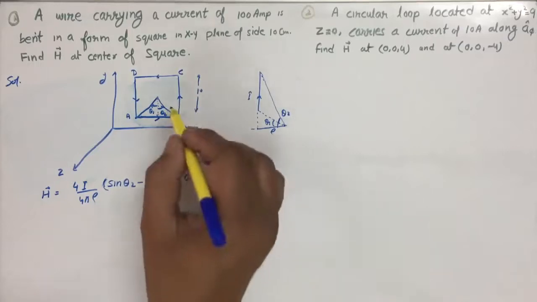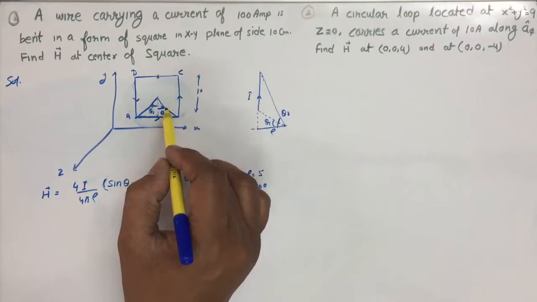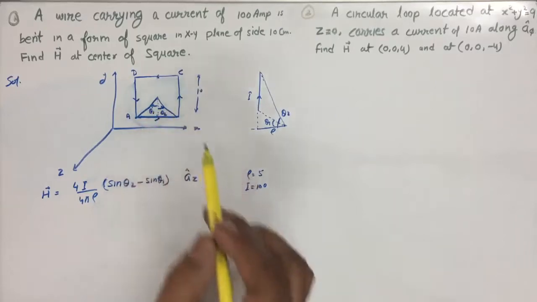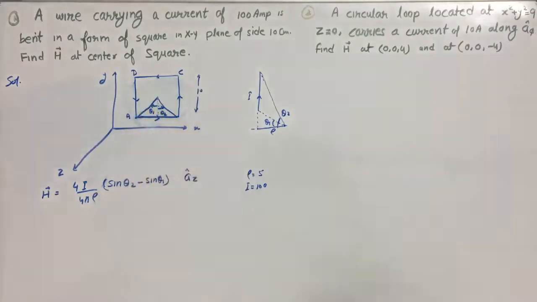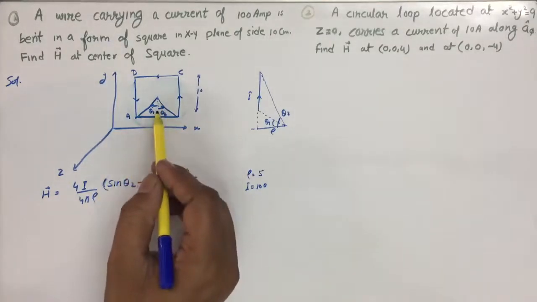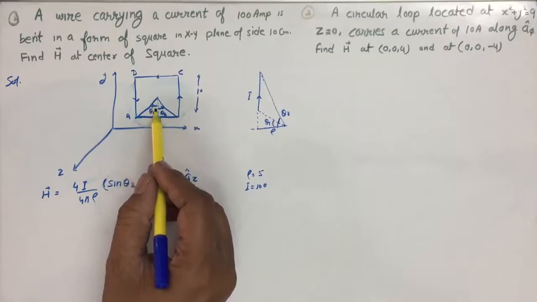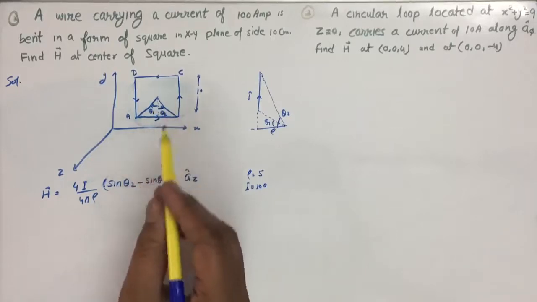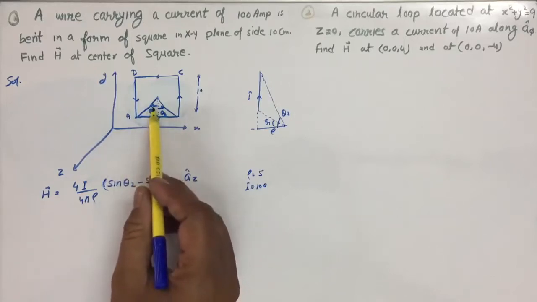If this is the reference, theta 2 is assumed as positive and theta 1 will be considered as negative, since the increment of the theta is in the opposite direction. So from here we can say this is 5, this is 5, so these two angles will be equal. So this will be 45 and this will be 45. Similarly, this will be 45 and this will be 45. So theta 2 will be plus 45, theta 1 will be minus 45.